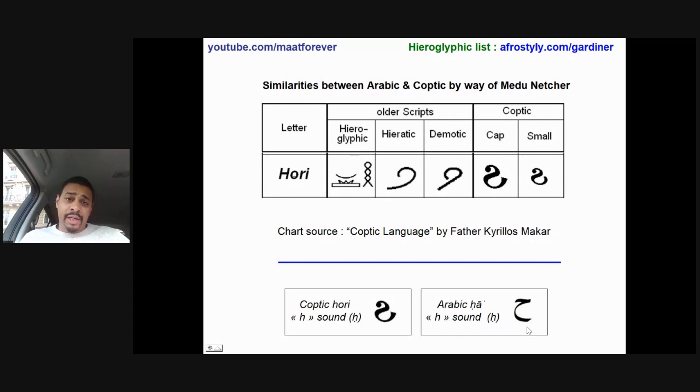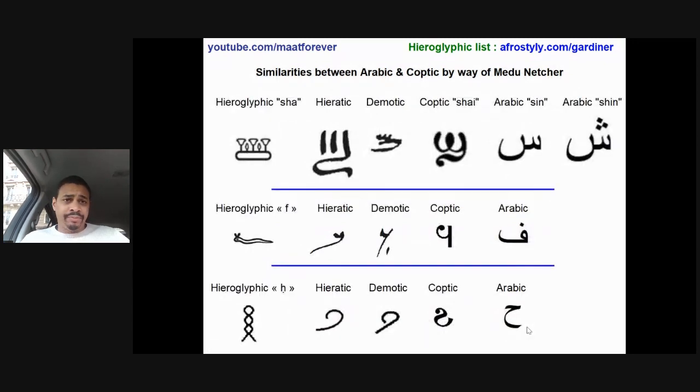So those were three examples, and here is a recap of the similarities between Arabic and Coptic by way of Medu Netcher. We start from the hieroglyphic Sha, then we have the hieratic, then the demotic, then the Coptic Shai, the Arabic Sin, and the Arabic Shin.